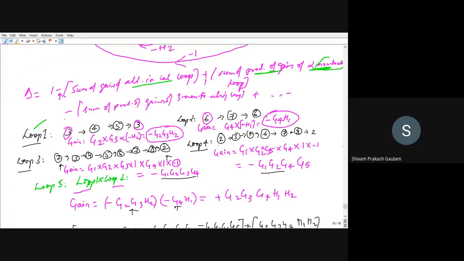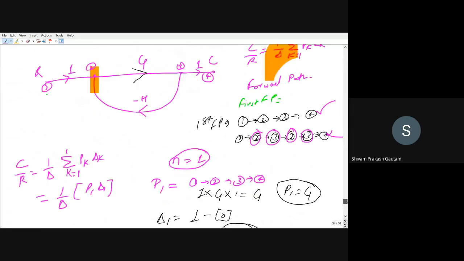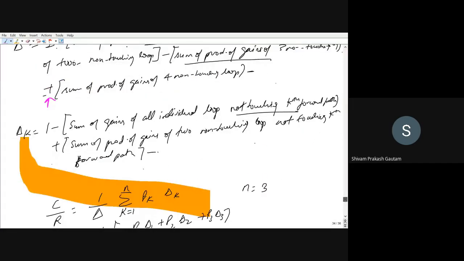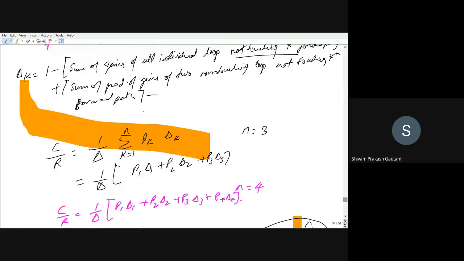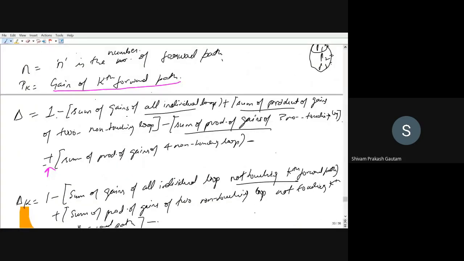So loop 5: what is the formula for calculating del? Then you have to see for loop 5. Now, here we are calculating del. So what is del? 1 minus the sum of gains of all individual loops, plus the sum of products of gains of 2 non-touching loops, minus the sum of products of gains of 3 non-touching loops, like this.